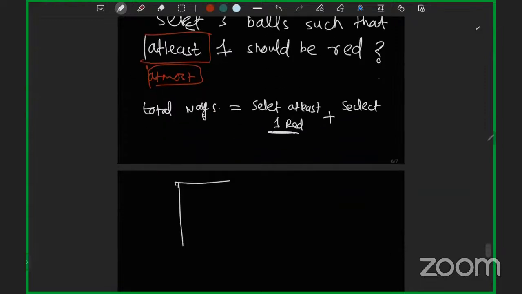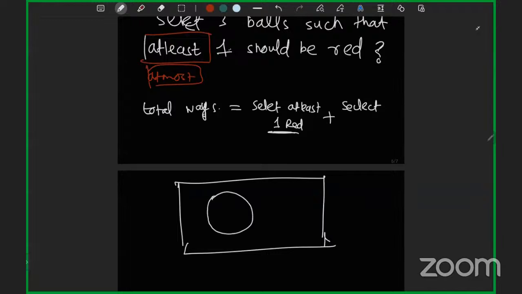So if I draw a Venn diagram or something, let's say I have these three balls. Total ways, then select one red is there. So what would be the complement of this? What is the opposite of select at least one, right?